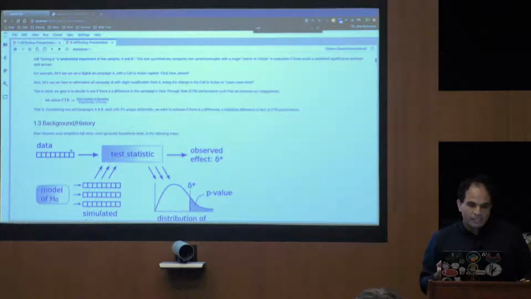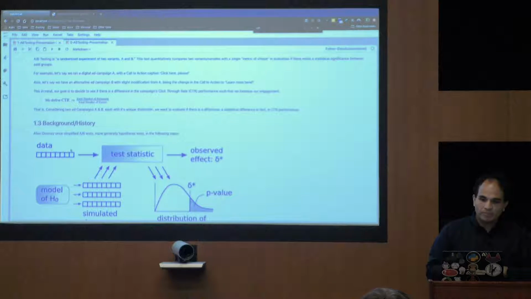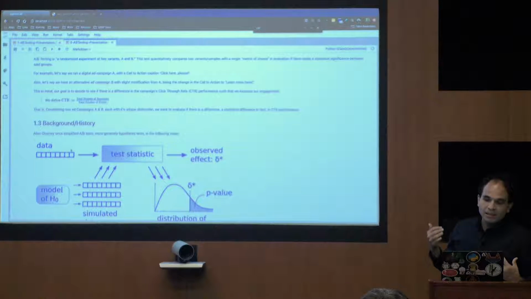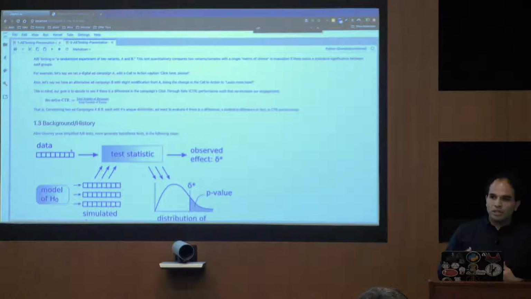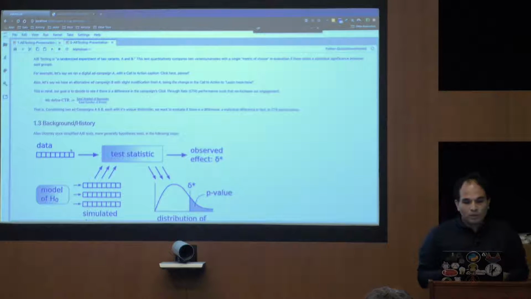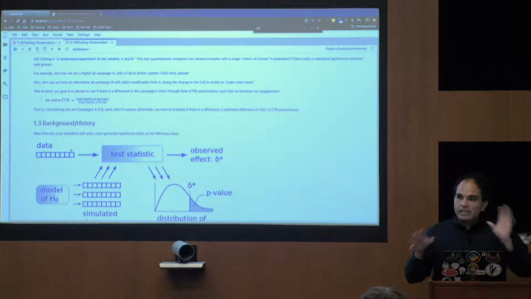Say for example we have a digital ad campaign A, with a call to action, which I would put more visually as a button that says click here please, in a notion of trying to get you to act on the particular ad. Then you have an alternative ad campaign B with a slight modification of that same format.